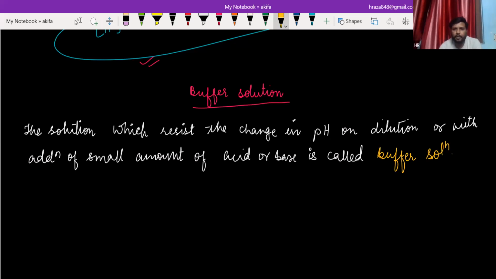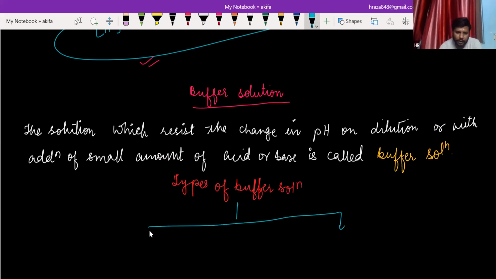Now see here, there are two types of buffer solution. Types of buffer solution. One is acidic buffer and the second is basic buffer.